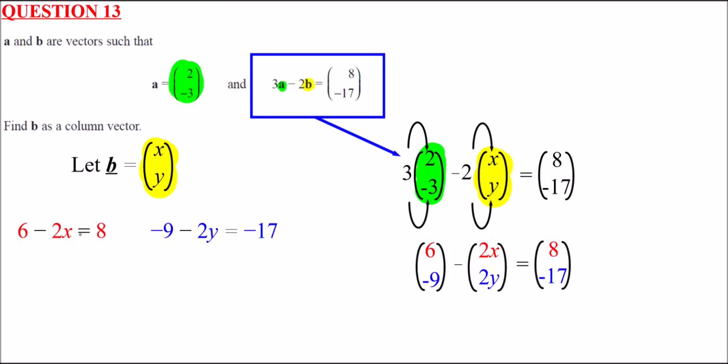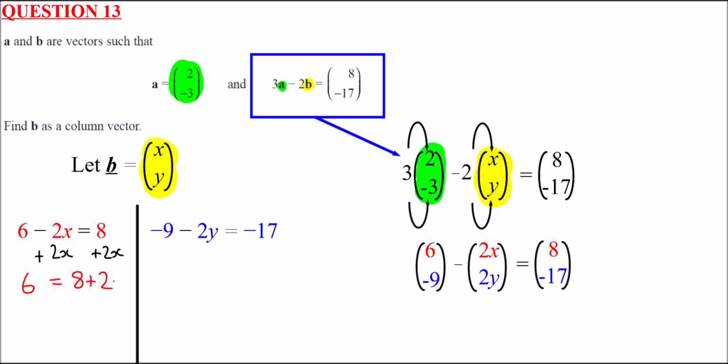Solving the red first, I can add 2x to both sides. What I'd get next is that 6 equals 8 plus 2x.